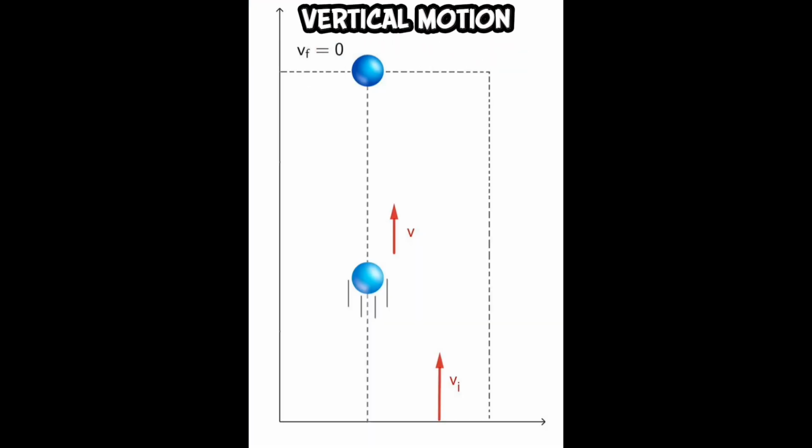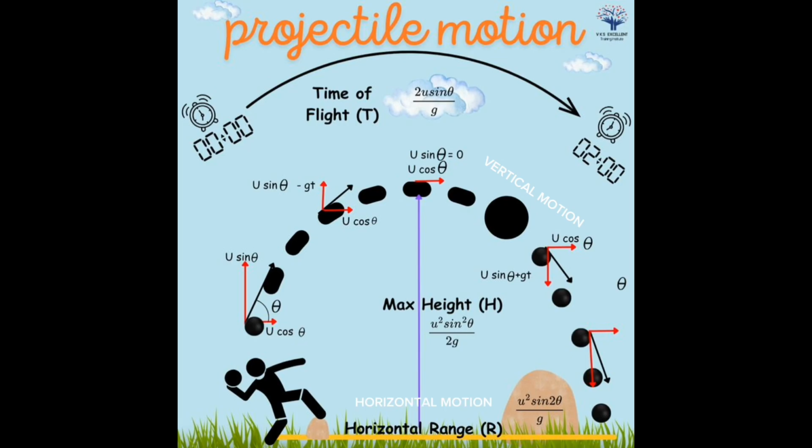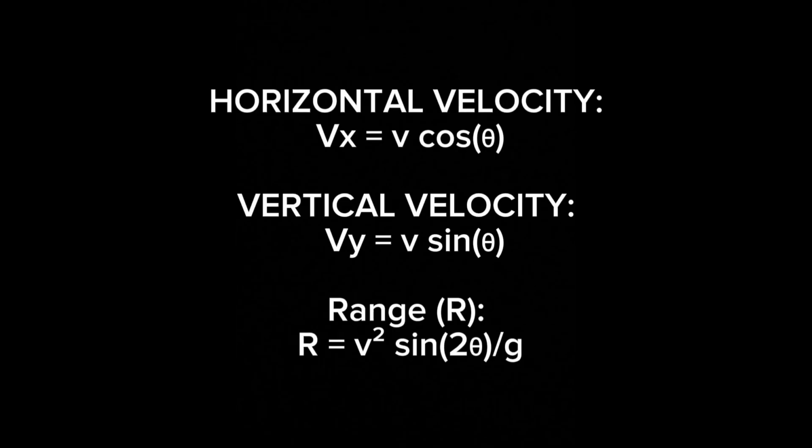In physics, the motion of the stone can be described with simple equations. The horizontal velocity with its equation Vx is equal to v cosine theta, and the vertical velocity with its equation Vy is equal to v sine theta, and the distance it travels, or range, represented by the capital R, depends on speed and angle, which has the equation of R is equal to v squared sine 2 theta over acceleration due to gravity.